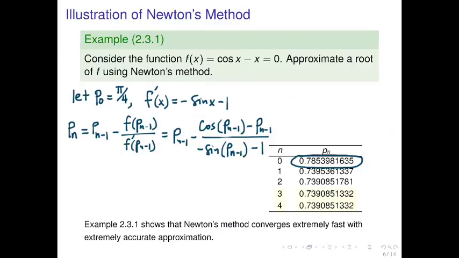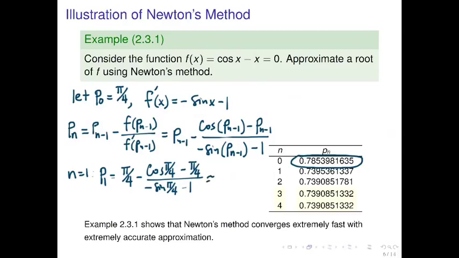So if we now plug in P sub 0 equals pi over 4 with n equals 1, we would get P sub 1 to be pi over 4 minus cosine of pi over 4 minus pi over 4, all divided by the quantity negative sine pi over 4 minus 1.